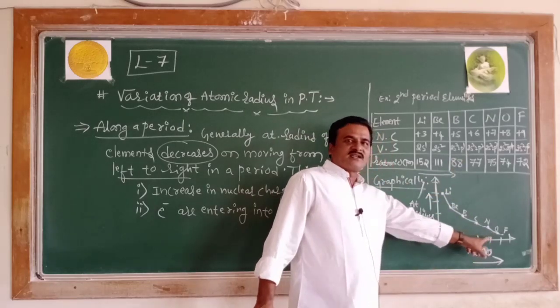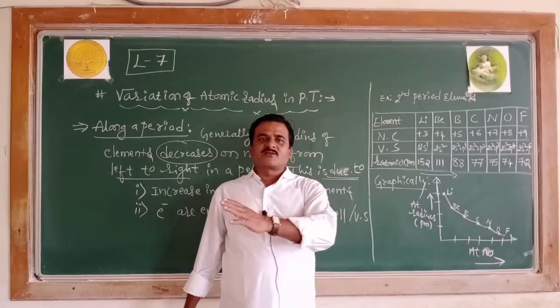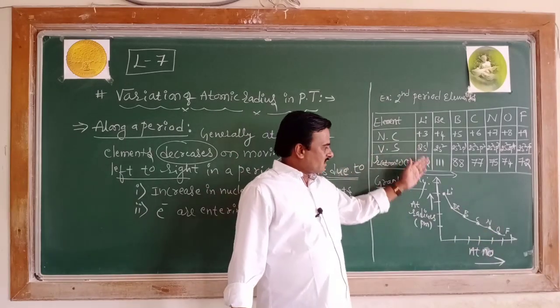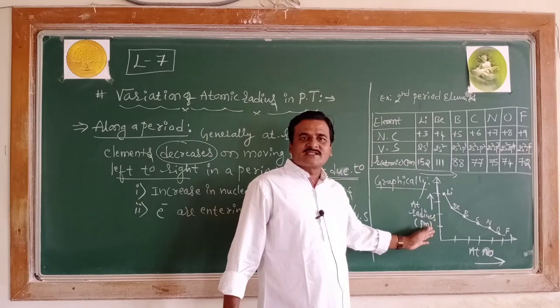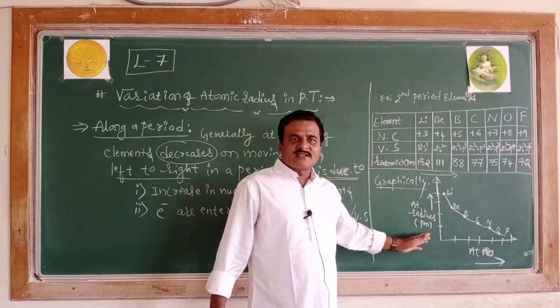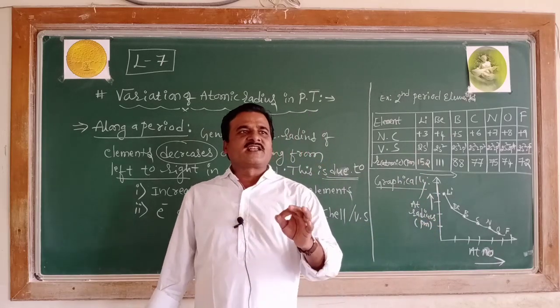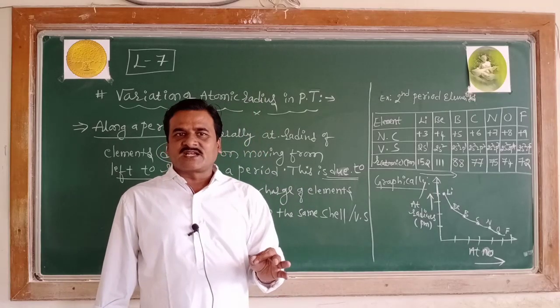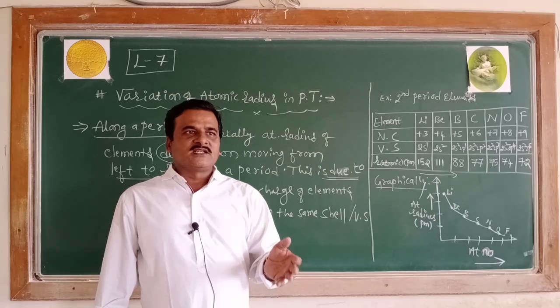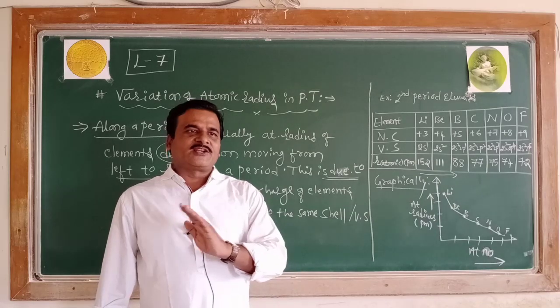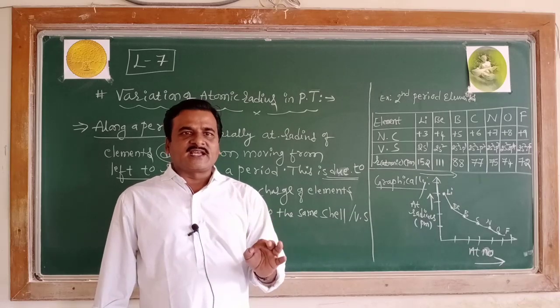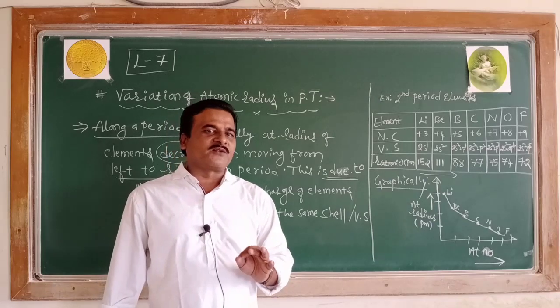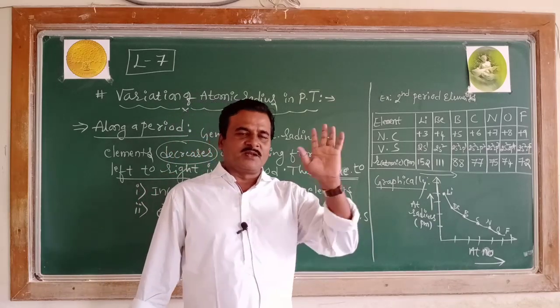As the atomic number increases along the period by 1 unit each, the atomic radius generally decreases. The reason is the increase in the nuclear charge and the electrons entering into the same valence shell. These are the two causes behind the decrease in the atomic radius of any element in any period, moving from left to right in the periodic table.